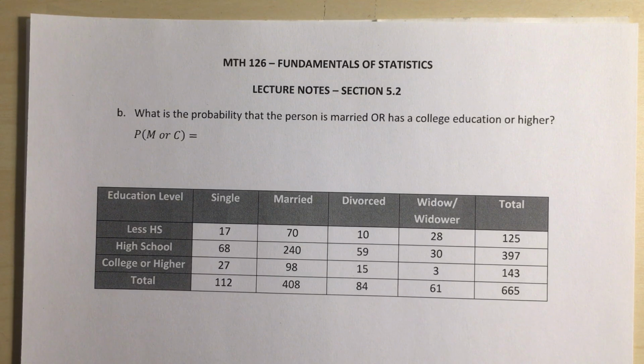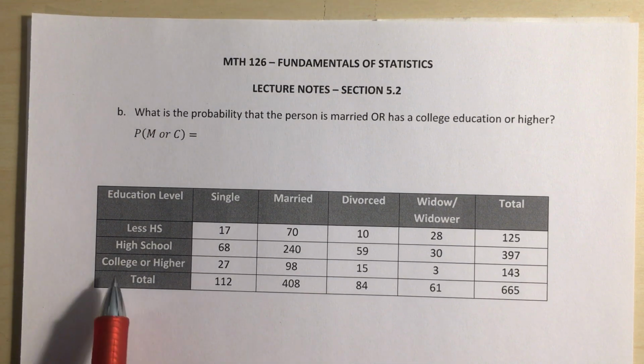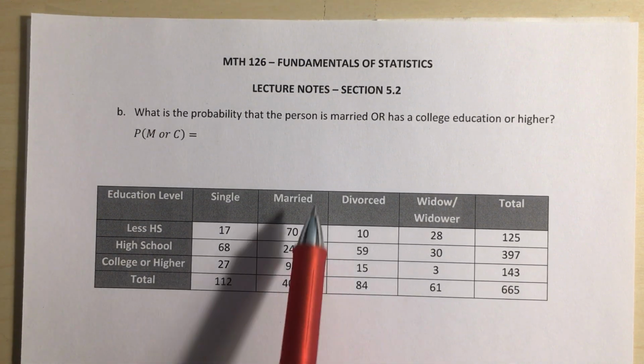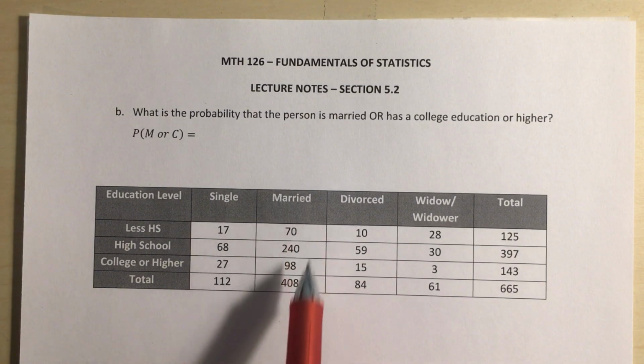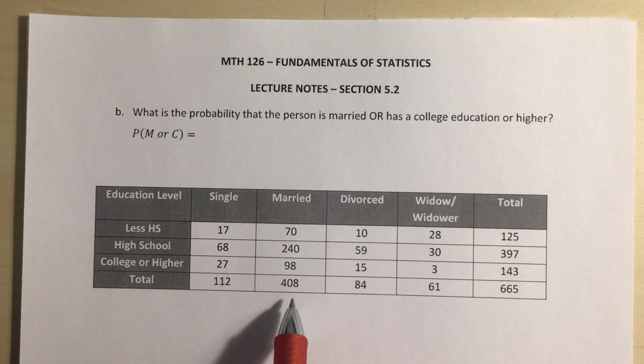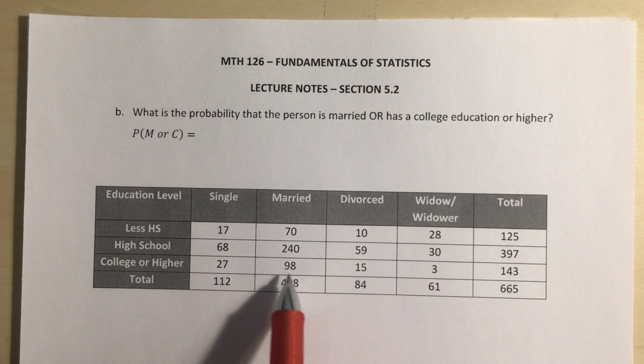Right, so then for B, what is the probability that the person is married or has a college education or higher? Right, so if we look at this, we see we have a row being intersected with our column here. So we want to treat this a little bit differently. We want to make sure that we don't count this group of people twice.